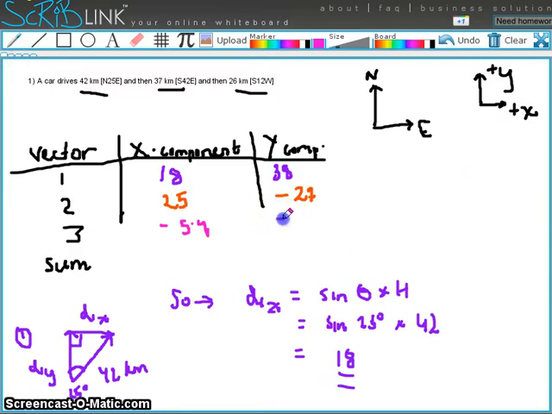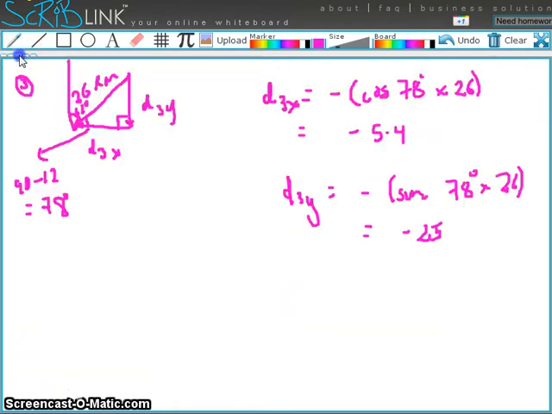So this is negative 25 right here. Make sure you've got your trig relationships clear over here. If not, please go back and review those. If you're really stuck on those, please comment in the box below and I can go through basic trig relationships for you, but if not, then it's all good.